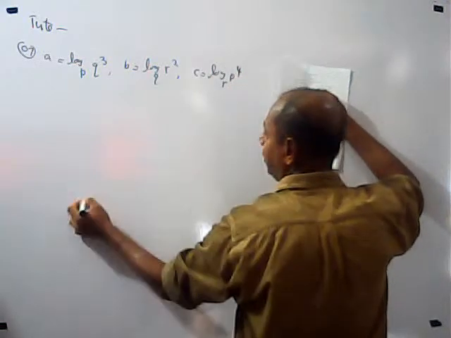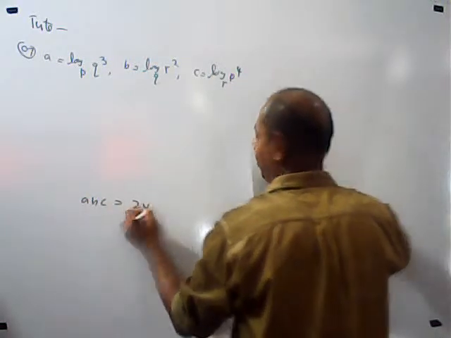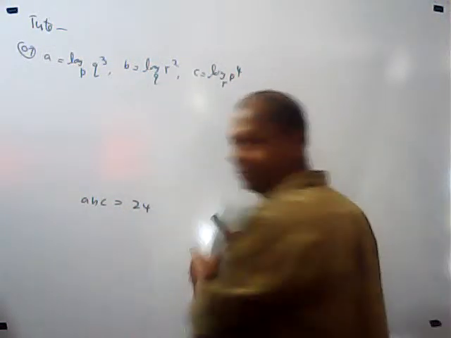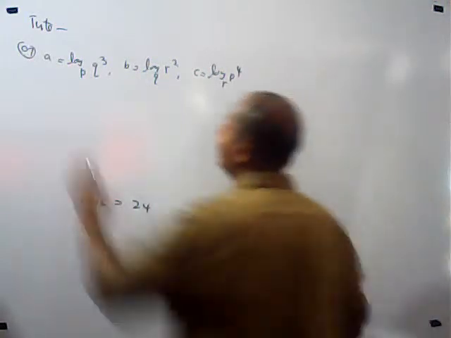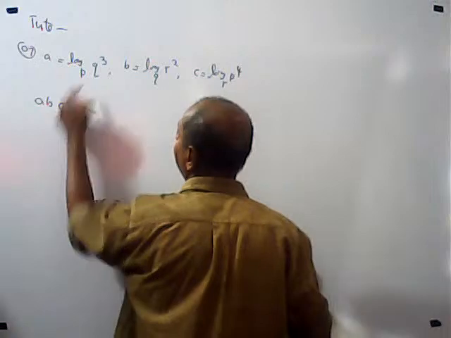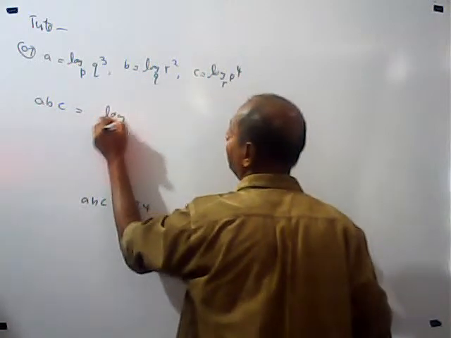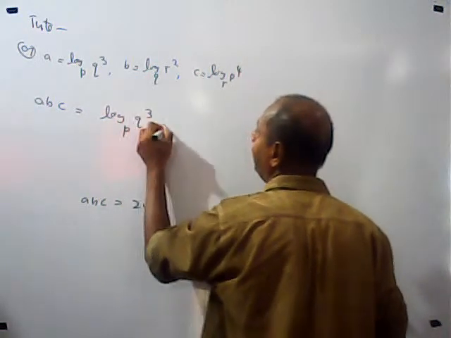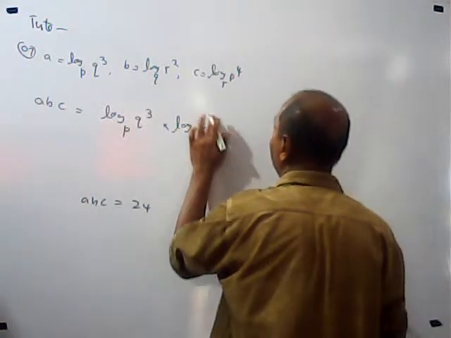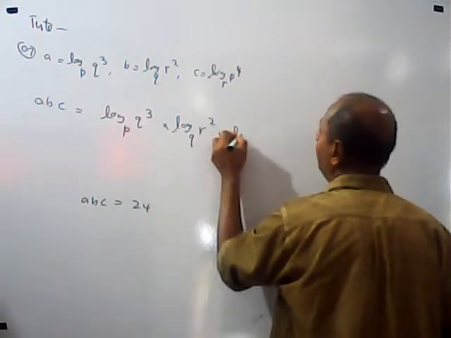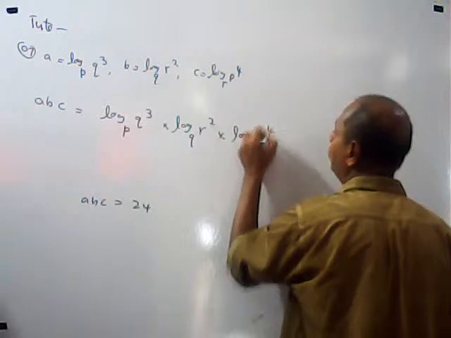You have to show that ABC equals 24. You need only 1 minute for this. Find ABC. ABC is log_P Q to the power 3 into log_Q R to the power 2 into log_R P to the power 4.